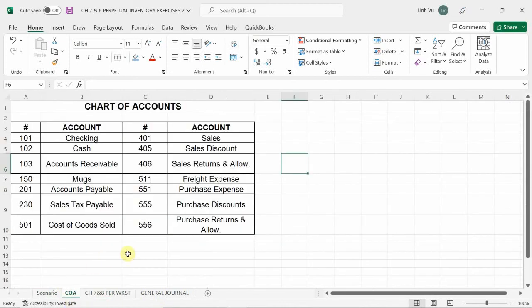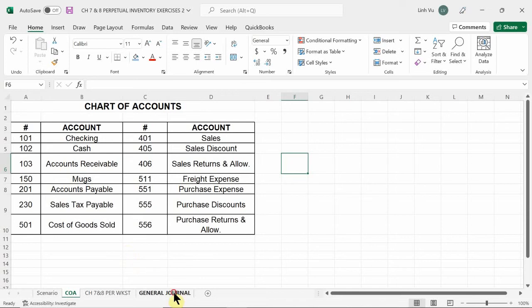I'm going to reduce the accounts receivable. How is customer A paying me? Cash. I need to recognize what? Sales discount. Now, because I already charged the sales tax prior, I also have to give them back the sales tax money as well.